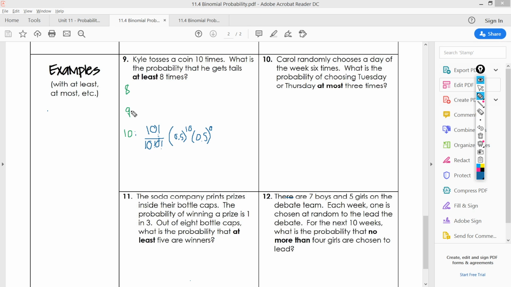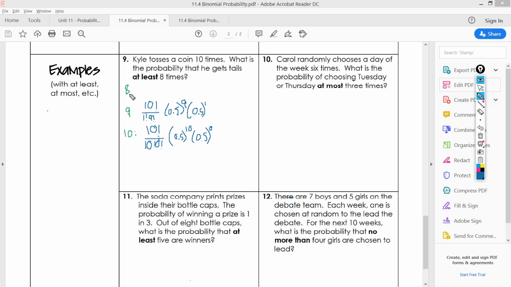For the 9 then, I have to do 10 factorial divided by 10 minus 9, or 1 factorial, and the 9 factorial. And then this is going to be 0.5 raised to the 9th and 0.5 raised to the 1st, because there's only 1 failure.